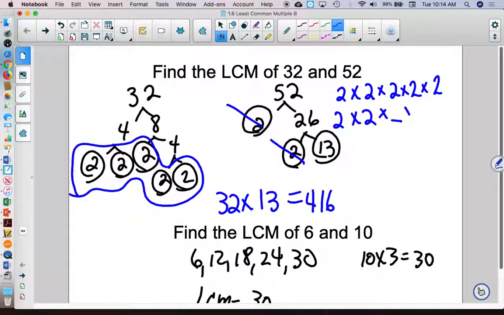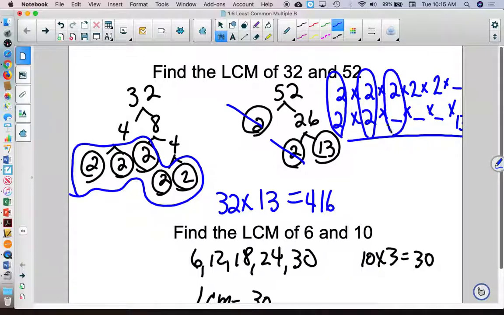I don't have that one. I don't have that one. I don't have that one. But I got a 13. And I don't have that. And I want to take it from there and bring down the columns. That is perfectly fine. There is nothing wrong with always sticking with those columns. 2 times 2 times 2.